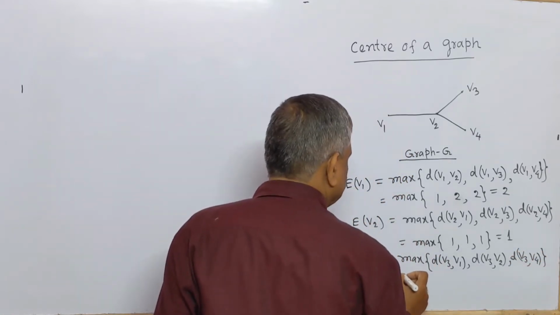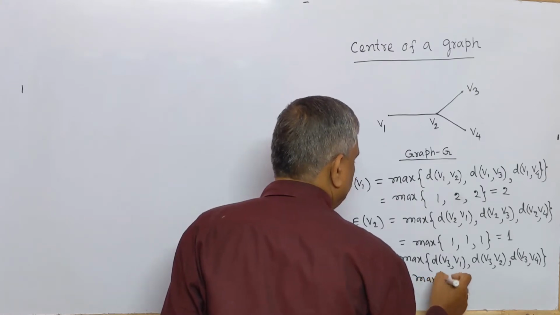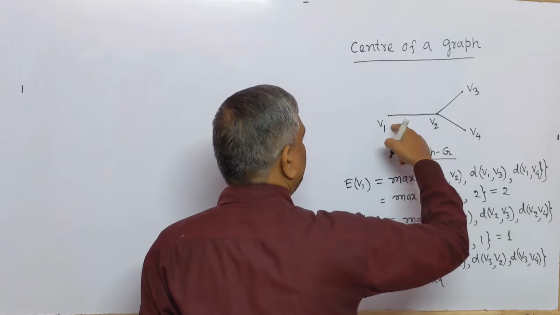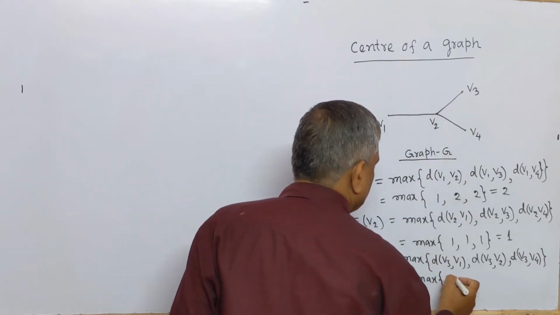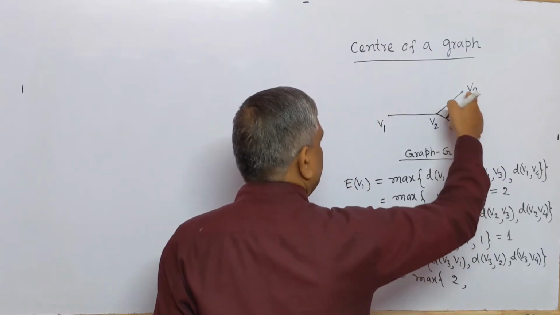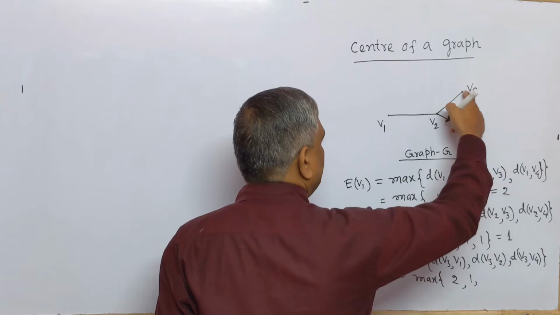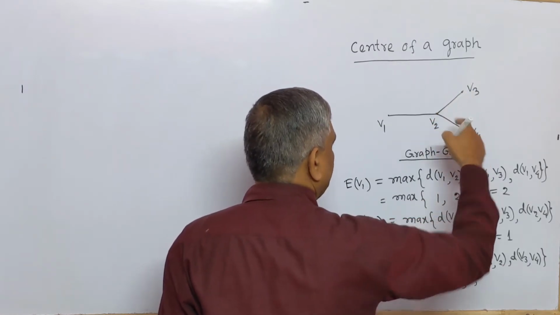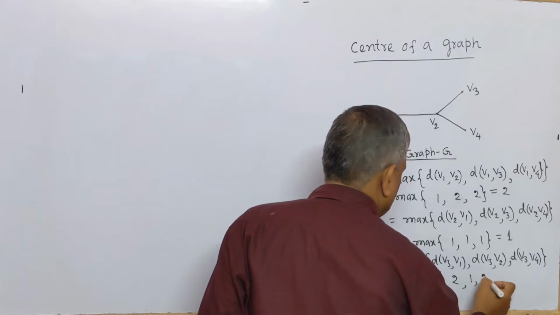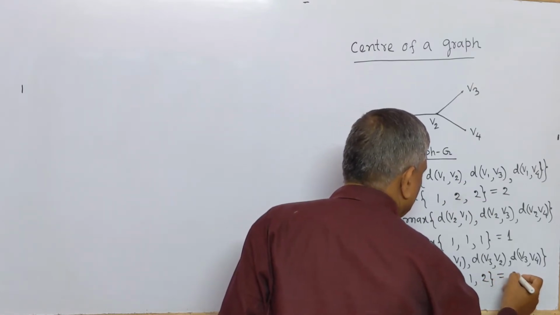This equal to maximum of d(V3, V1). We get two edges, one edge and here one edge. 2. d(V3, V2), one edge. d(V3, V4), we get two edges, here one edge and here one edge. 2 edges, and maximum of this is equal to 2.